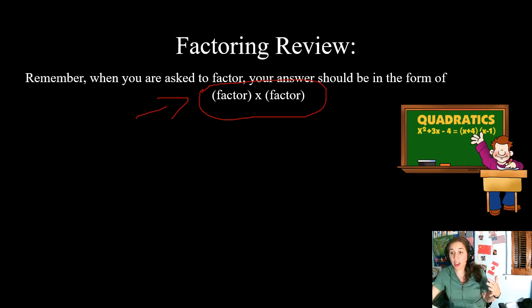When you are asked to factor, you are being asked to give your answer in the form factor times factor. So write that next to the problem, so that when you get to what you think is your answer, you go back and say, oh right, I needed to make sure my answer was in the form of factor times factor. If it's not, then you need to figure out what to go back and do. Directions are so important.